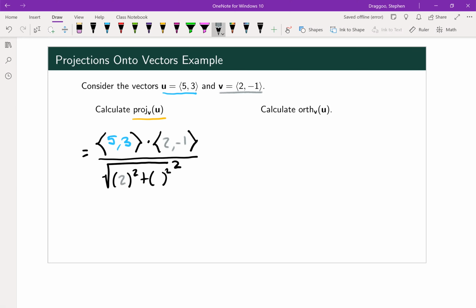So 2 squared plus -1 squared. And in the end, not quite the dot product anymore, because this is just a scalar value, I'm just going to multiply that scalar value into the vector 2, -1.